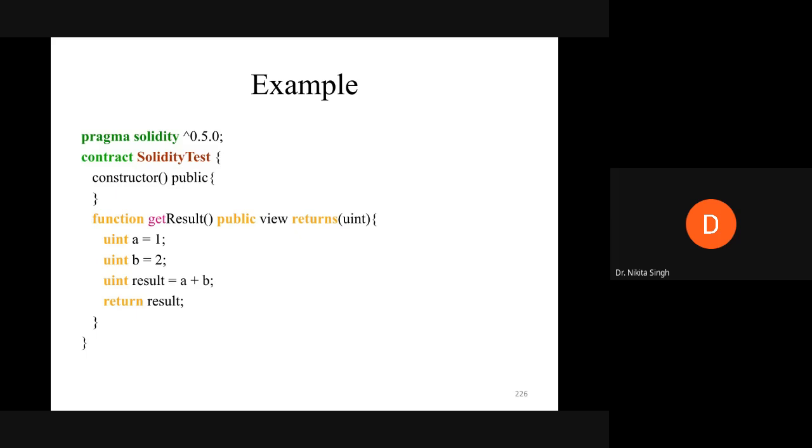Now, if you want to run your smart contracts, if you want to write your own smart contracts, then you need to use an integrated development environment which is known as Remix. So if you Google Remix IDE, it is generally used to compile and run Solidity smart contracts. And this is a browser-based IDE.